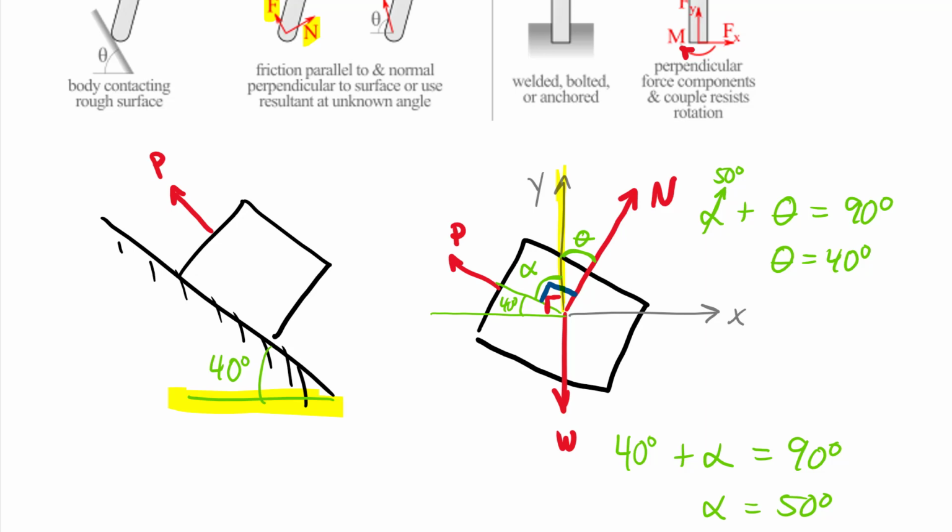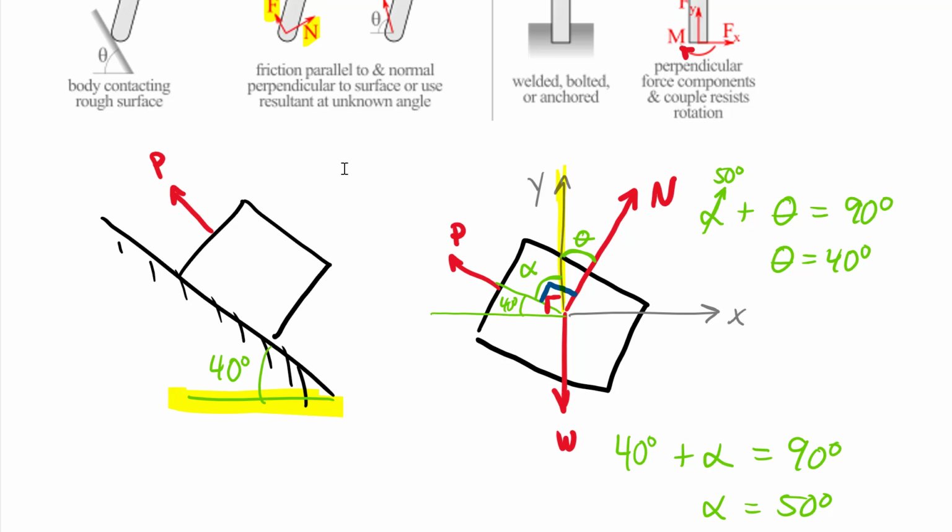So if we have a surface that is 40 degrees from horizontal, anything perpendicular to that surface, it doesn't matter where it lies, is going to be the same angle from vertical. Once again, if we have a surface that's measured from horizontal, anything perpendicular to it is going to be the same angle as measured from vertical.